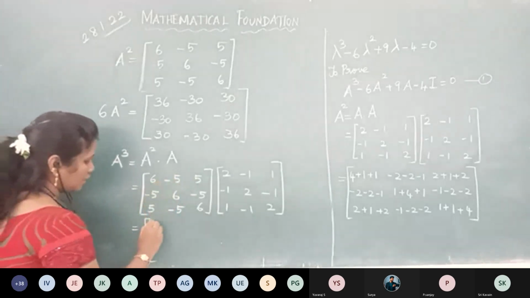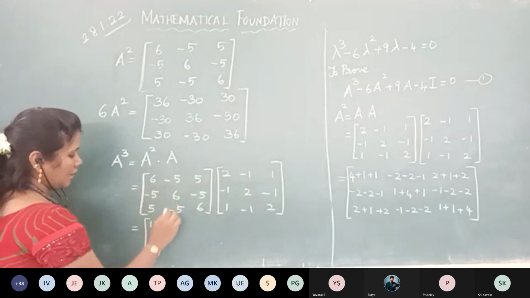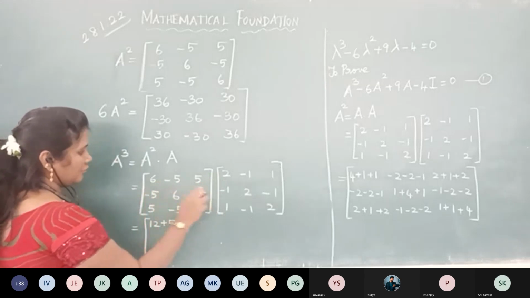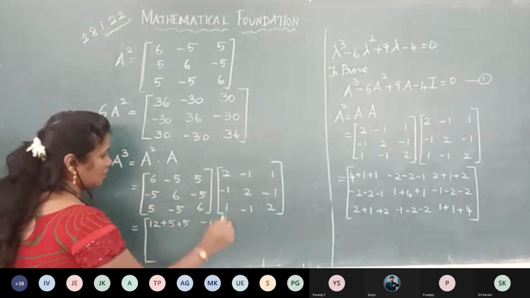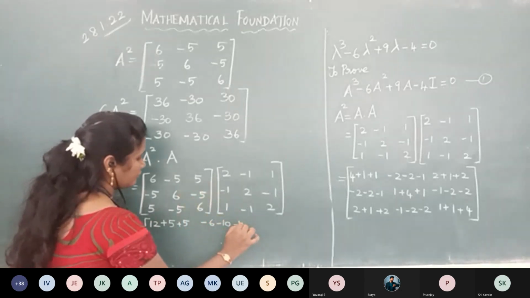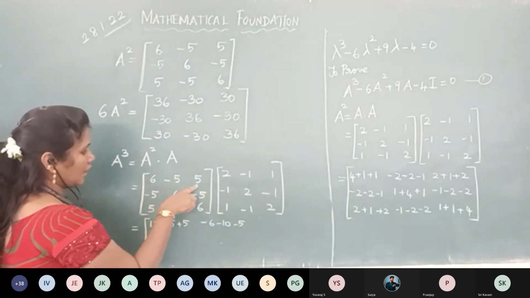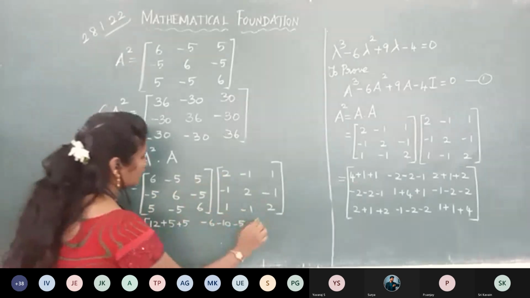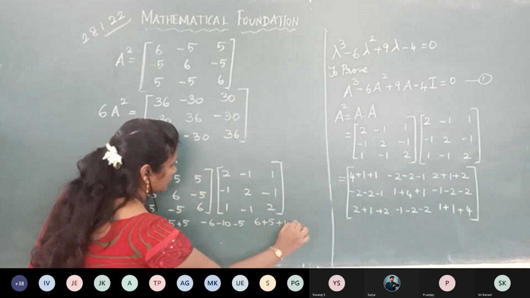First row, first column: 12 plus 5 plus 5. First row, second column will be minus 6, minus 10, and minus 5. Again, first row, third column: 6 plus 5 plus 10.